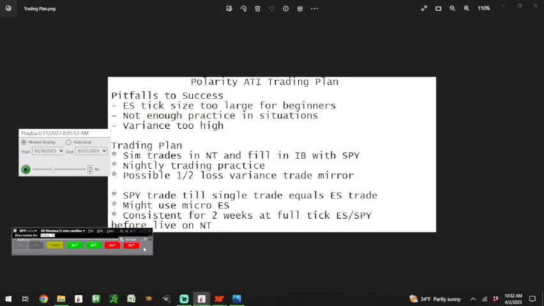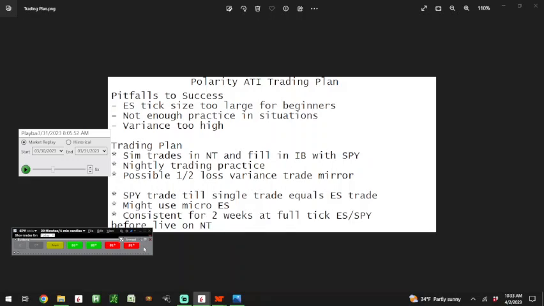What I want to do is incrementally increase my SPY quantities. In the beginning, it's just like putting some skin in the game, nothing too serious, compared to my options trading. And then as I get better and better, I'll increase that more and more until I'll be using the micro ES, until the number of micro ES contracts is equivalent to the minimum contracts that I'll trade in NinjaTrader.